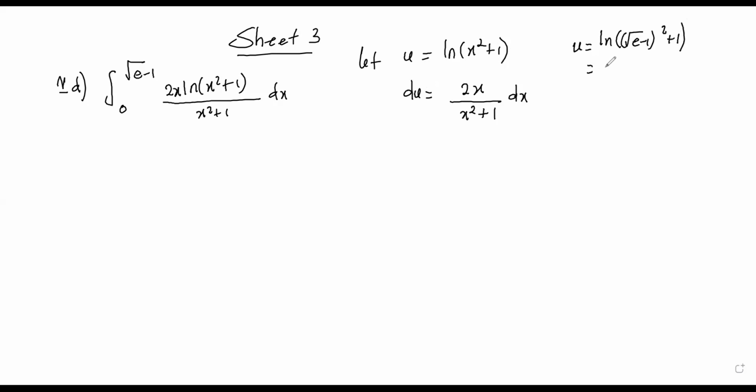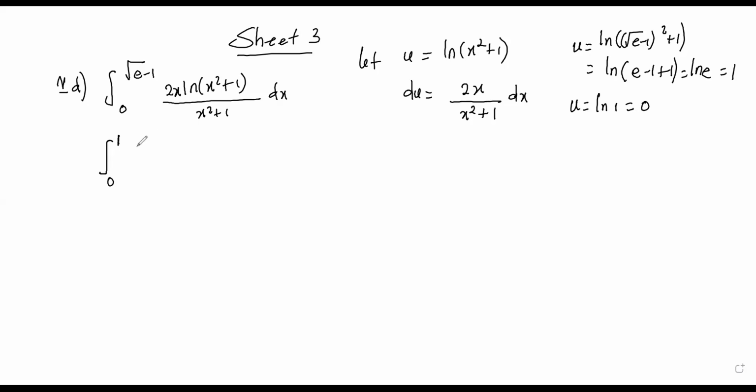There we're going to get ln, and because of the square, we now have e minus 1 plus 1, which is ln e, which is equal to 1. And then what happens to u when x is 0? We'll have ln 1, which is equal to 0. So that means that when I put my integral now, I'm running from 0 to 1, okay?